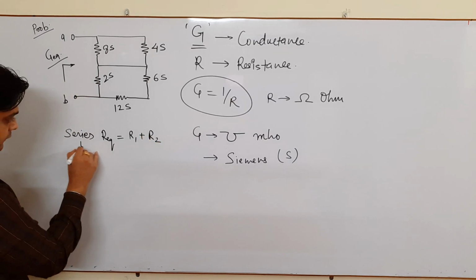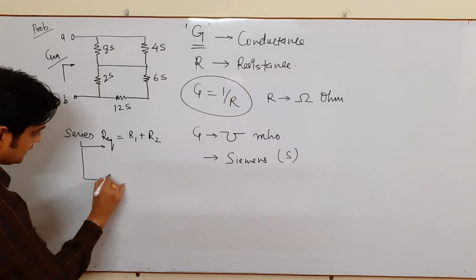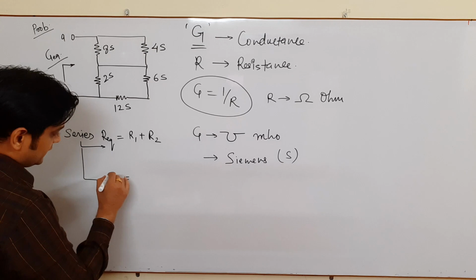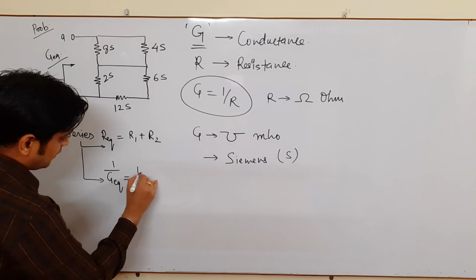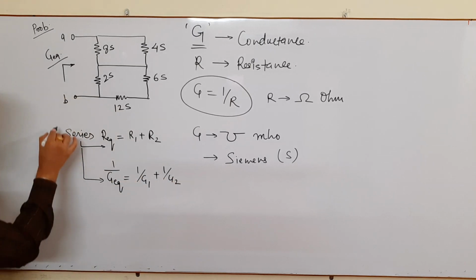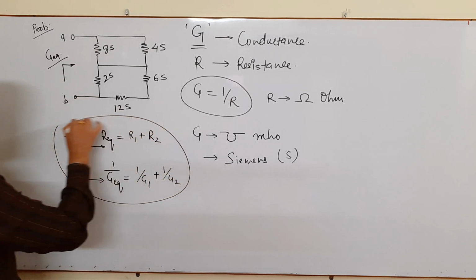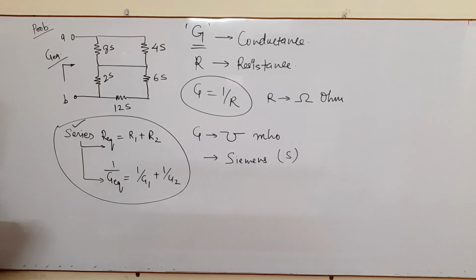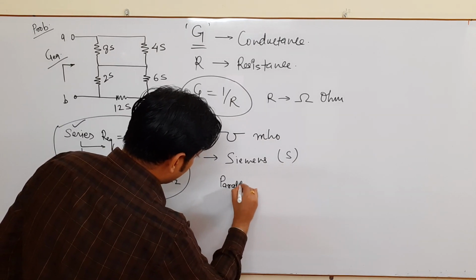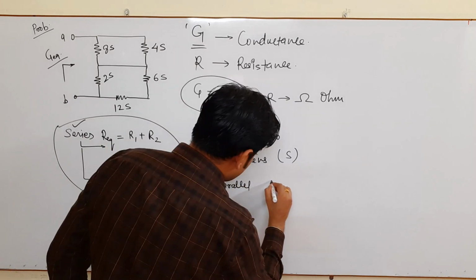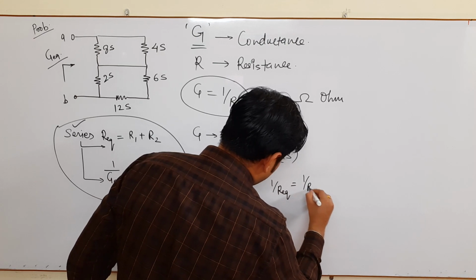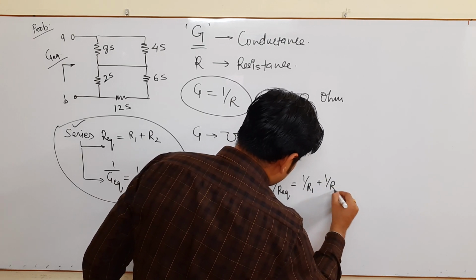But if you have to find G equivalent, it is basically 1 upon G equivalent equals 1 upon G1 plus 1 upon G2. This is for the case of series combination. Similarly, when you talk about parallel combination, if there are two resistances, you find 1 upon R1 plus 1 upon R2.